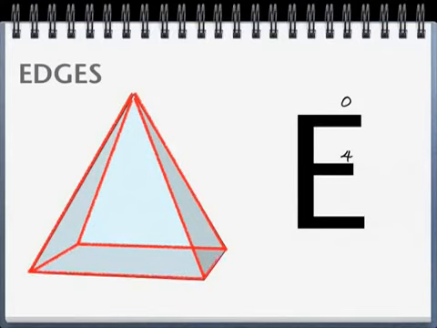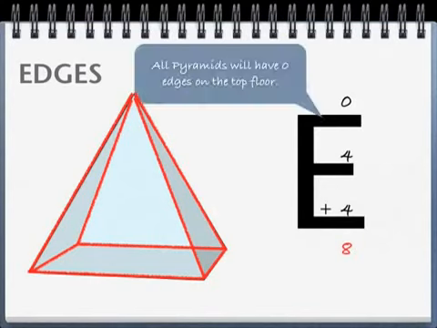Then we're going to go 1, 2, 3, 4 in the bottom floor. Total those up, and you have 8 edges. So again, key, the pyramid has no top floor.